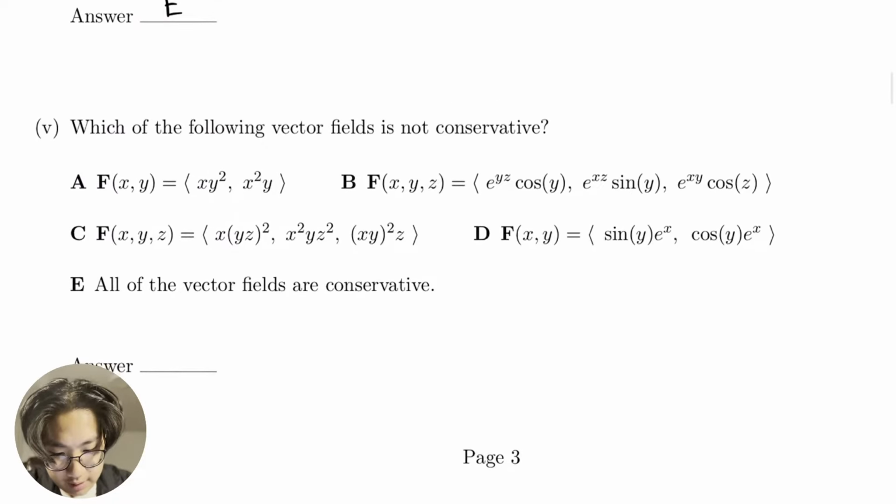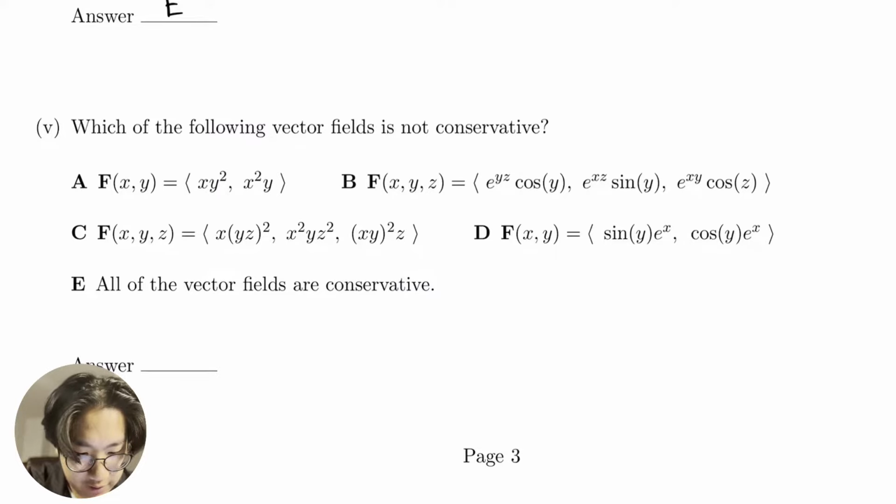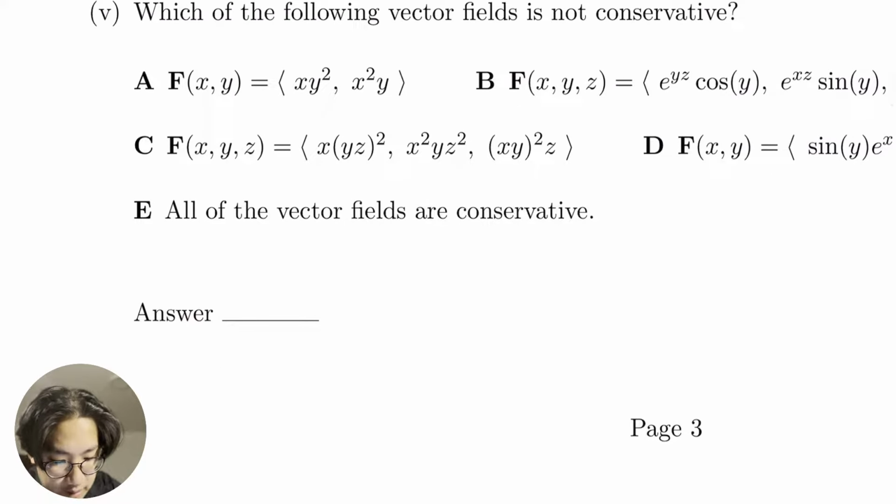Okay, next we want to see which of the following vector fields is not conservative. In this case, because hopefully it's almost second nature checking whether a vector field is conservative or not, I'll just quickly compute through some of these until we get to them. I think in this case it's B, but yeah, let's do this quickly.